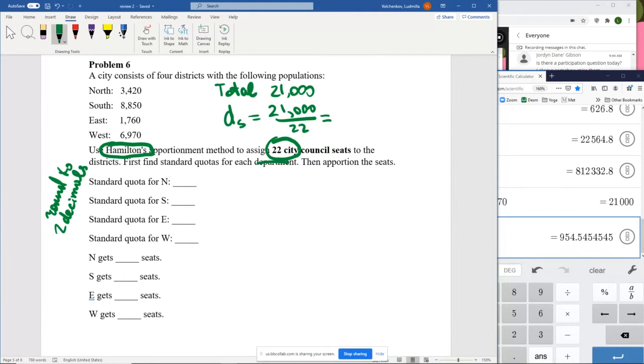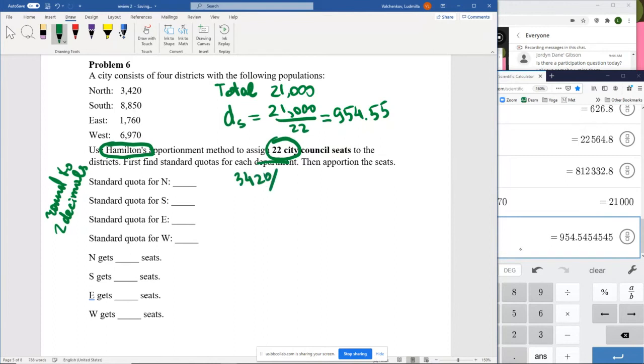So we need at most 5 digits. Let us keep 2 digits after the point for the standard divisor, 954.55, the standard divisor.